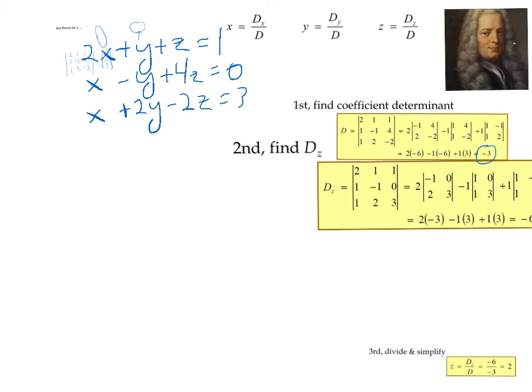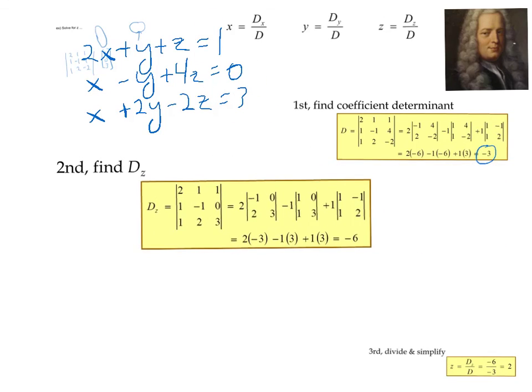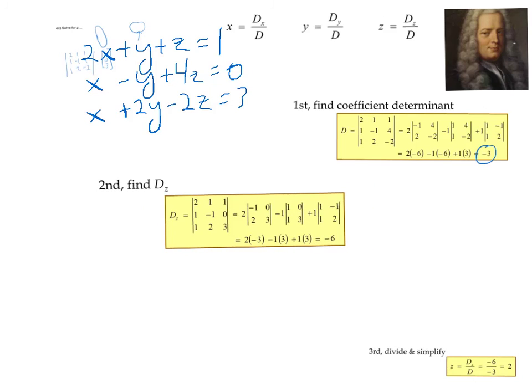The only thing that changed was the z column, where we substituted in this answer column right there. After you find the determinant of that, you're going to get a value of -6. Again, if you need to look at this, pause this please, and just try to see my logic here. If this doesn't make sense, ask tomorrow.